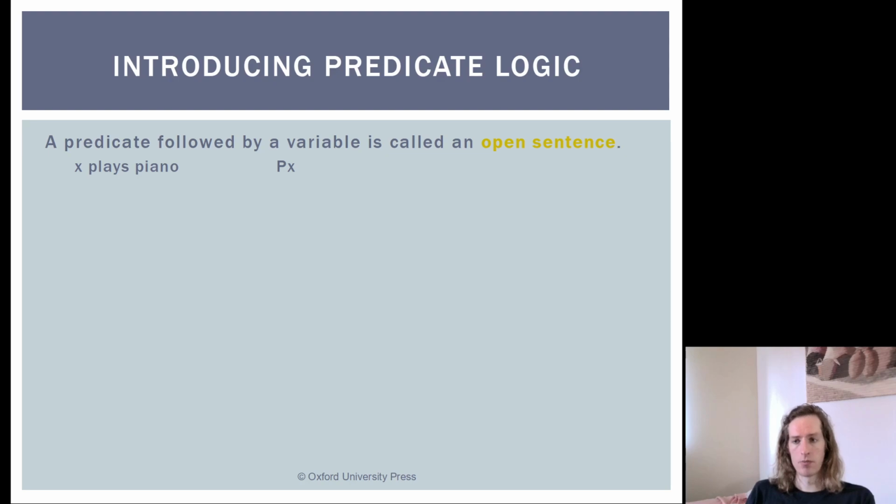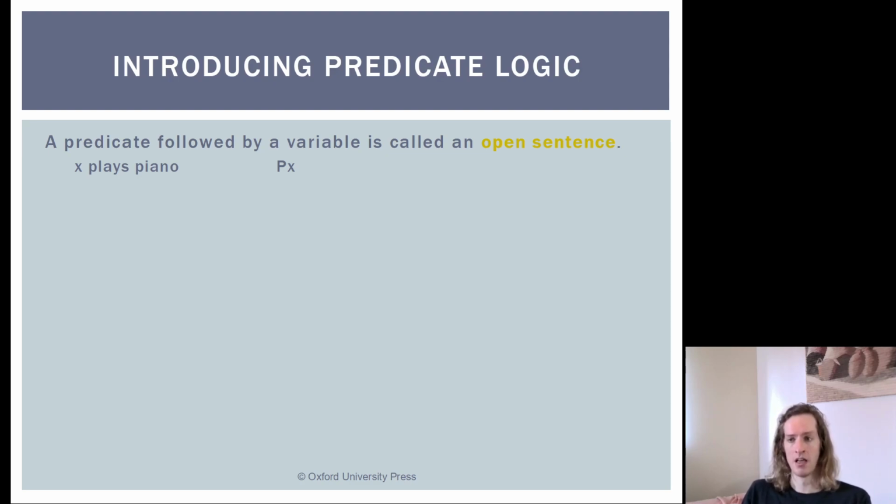So a predicate followed by a variable is called an open sentence. An open sentence is kind of like an incomplete sentence, where something is missing some material that we would have to fill in for it to be a complete sentence. If we have the expression Px here, x is not going to stand for any specific concrete thing in the way that the previous examples with the constants did, because x is a variable.